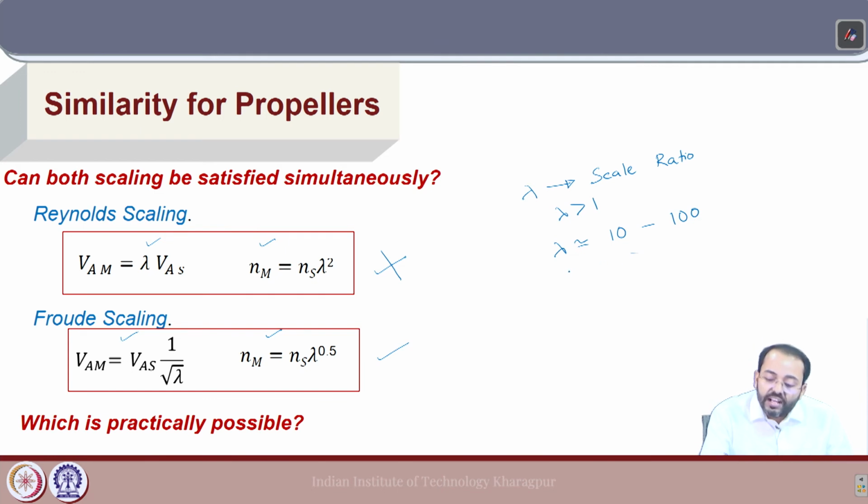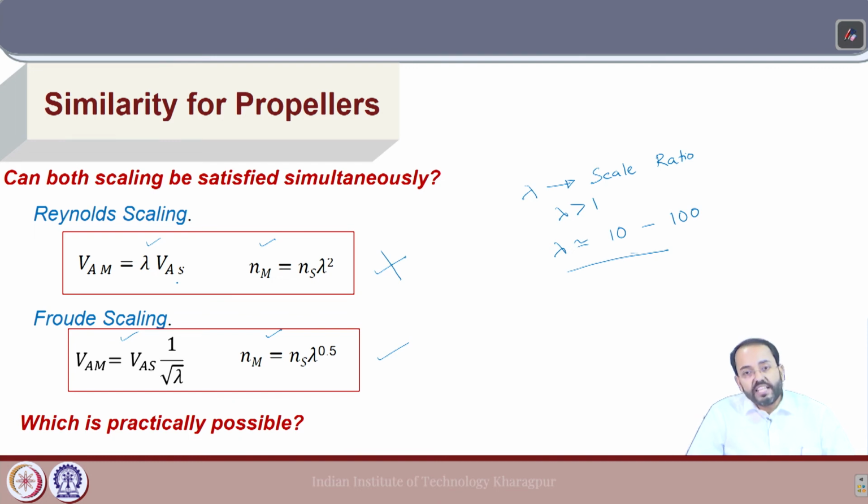For a very high value of lambda, we will see that the model scale speed will be extremely high and the model RPM will also be very high. So, we will not be able to keep the Reynolds number the same in the model and full scale.